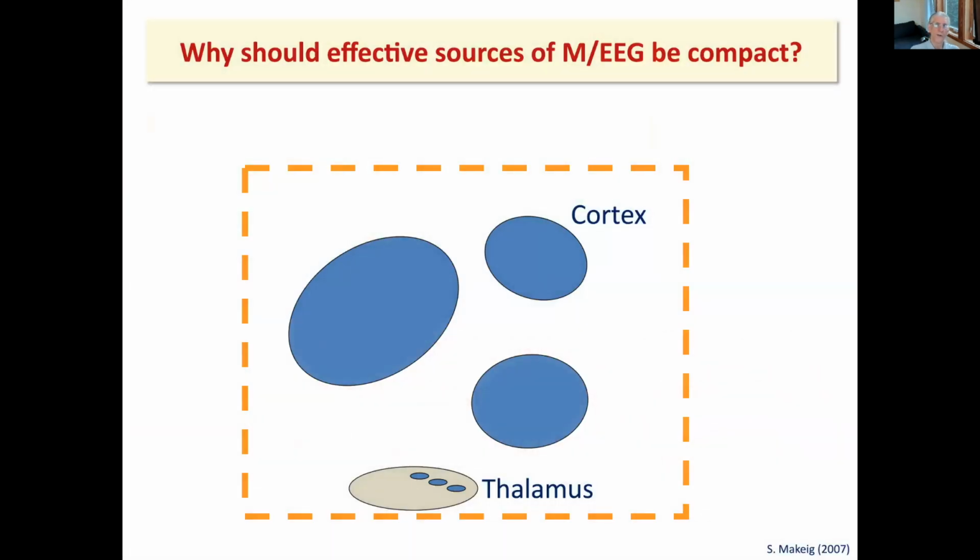Now, why should effective sources of EEG or MEG equally be compact? Here I'm going to quickly go through some physiological plausibility argument. Let's say you had domains in which local synchrony arises in some situation.